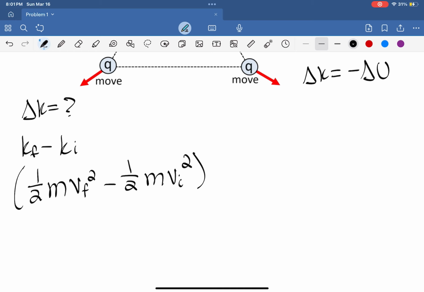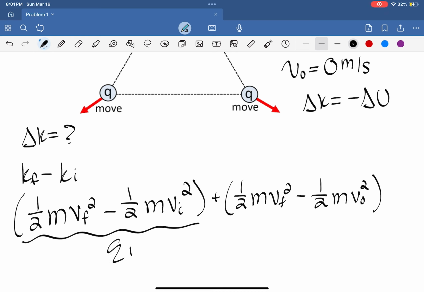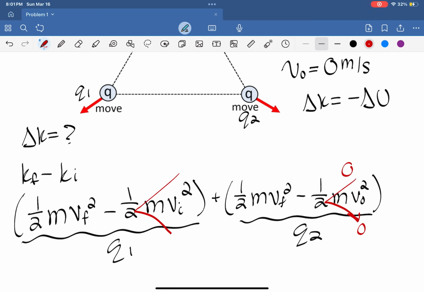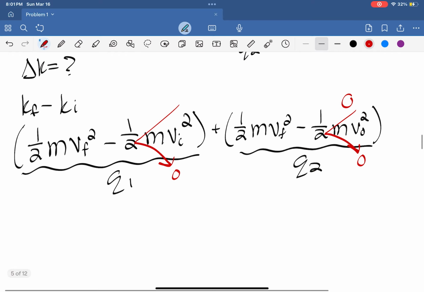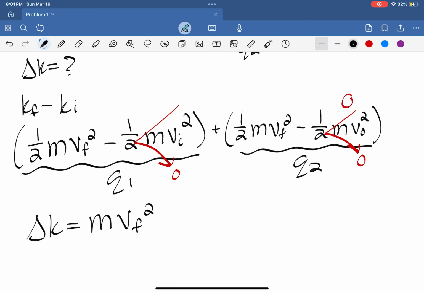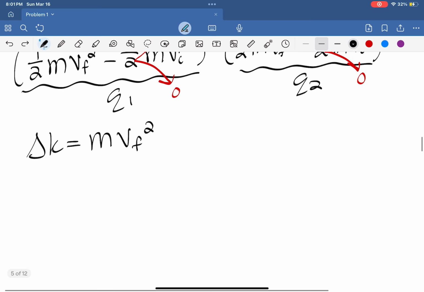So we can either just multiply this by 2, or we can say plus 1/2 mass velocity final squared minus 1/2 mass velocity initial squared. I'm going to call this Q1 and this Q2. Well, we said our initial velocity, they're starting at rest, is 0. So that is 0, and that is 0. Now I just need to add up: 1/2 plus 1/2 is 1. So I have delta K equals mass times the velocity final squared.